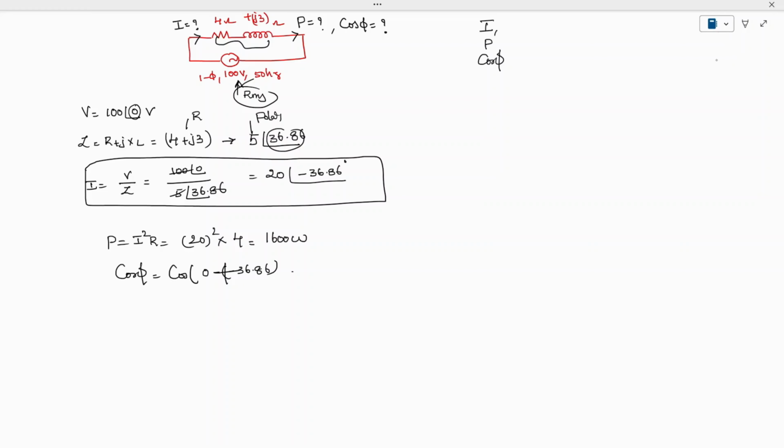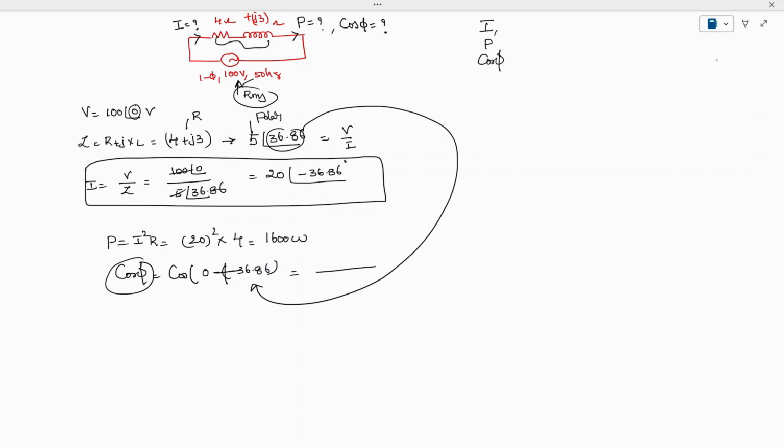If you perform this, then you are going to get the lagging power factor. Power factor is the angle between either voltage or current, or directly you can write down the impedance angle. Why? Because impedance is the ratio of voltage by current, so it is indirectly also the same.